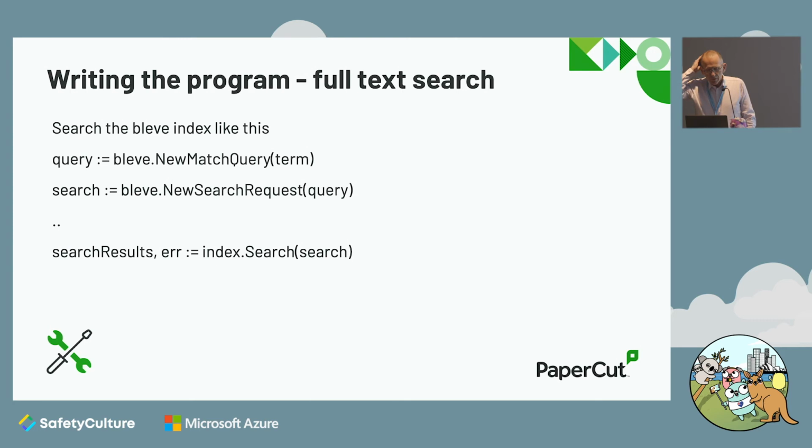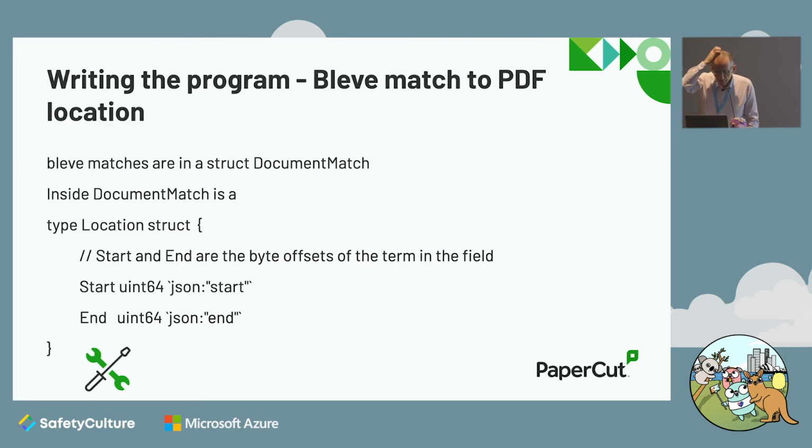Okay. The next step is to perform a search over the Bleve index, and Bleve performs these powerful full-text searches. It looks just like this, and gives us back something called a search result. Inside a search result is some information, and the key bit we need is the start and end positions of the matched text, the result of our query, in the extracted text.